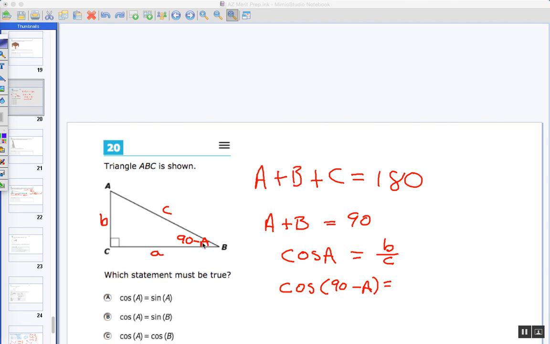Cosine of 90 minus A, or same as saying cosine of B, is equal to adjacent over hypotenuse, A over C. The sine of angle A is equal to the ratio of its opposite side to its hypotenuse, A over C.